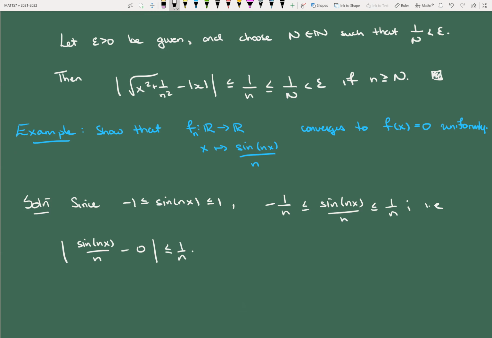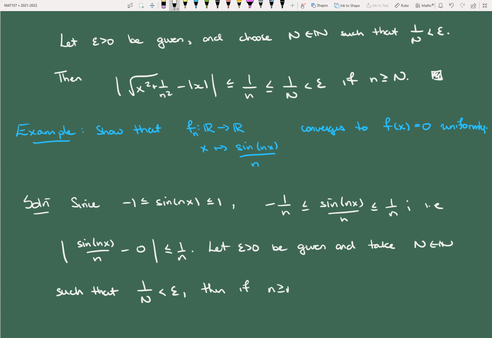Again, if we say, let epsilon greater than 0 be given, and take N in the naturals to be, typical trick, 1 over epsilon.